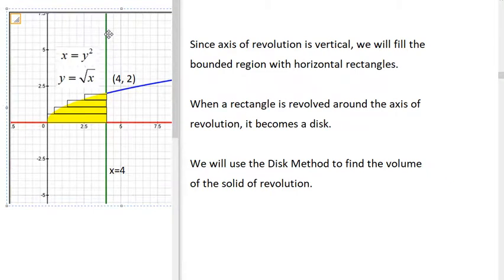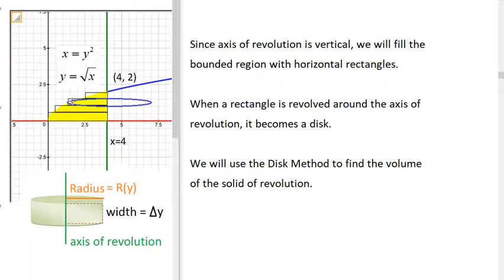Since the axis of revolution is vertical, we'll fill the bounded region with horizontal rectangles, and then we revolve each rectangle around the axis of revolution, and that will give us a disk. Then find the volumes of all the disks and add them up, and that will give us the volume of the solid of revolution.